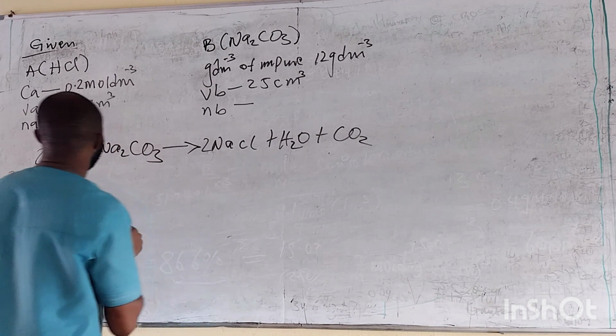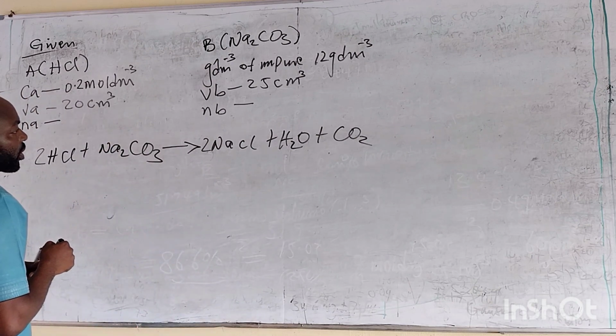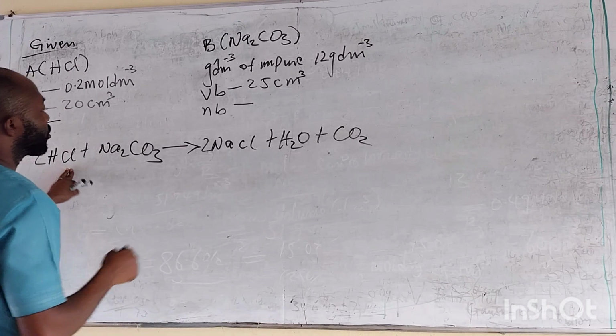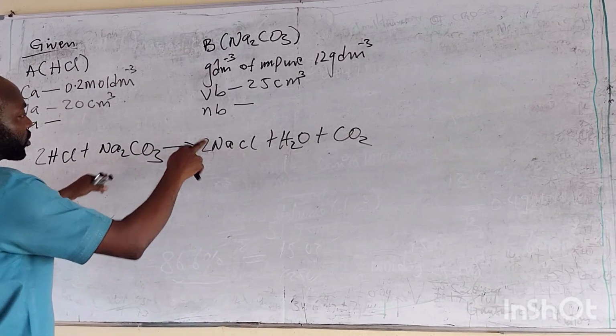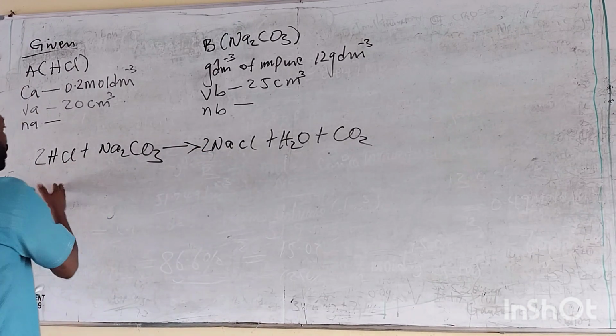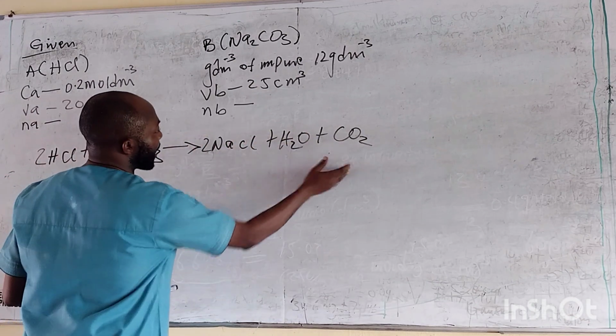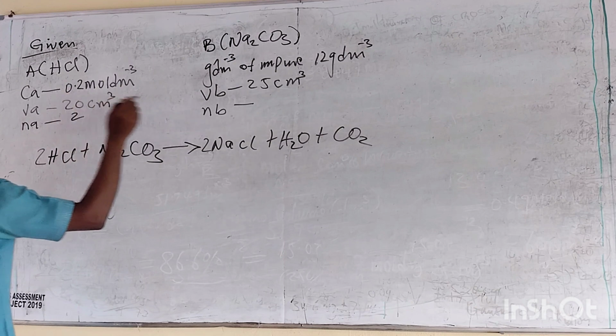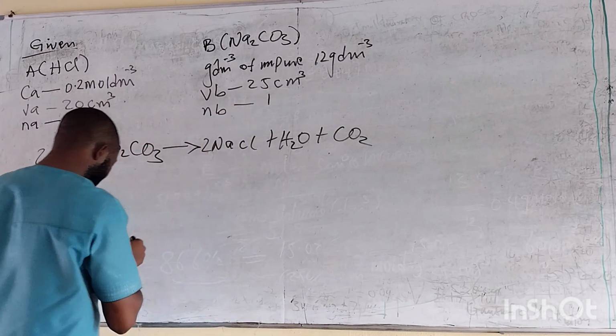I have 2 chlorine, 2 sodium, 2 sodium. That's good. Aqueous, liquid, gas. Number of moles, Na is 2, Nb is 1.